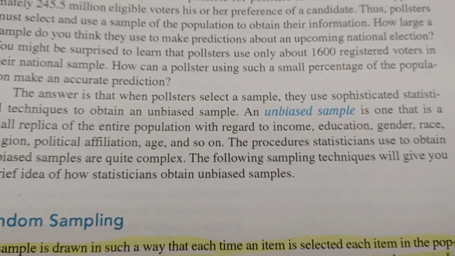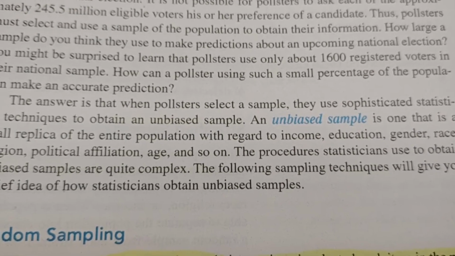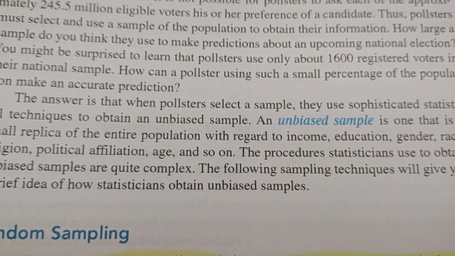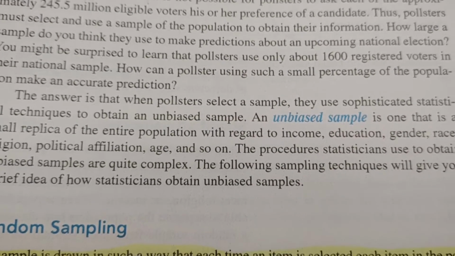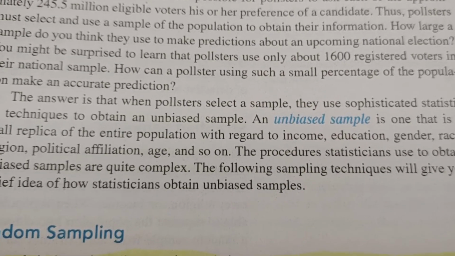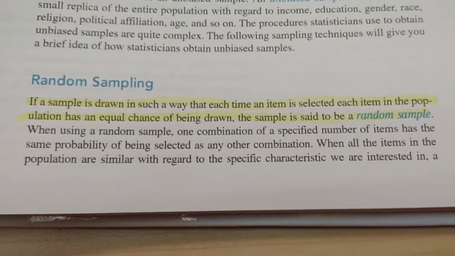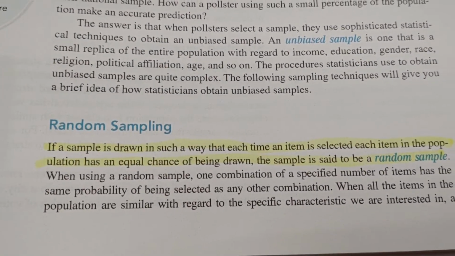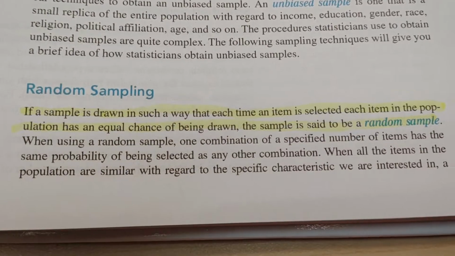We want an unbiased sample. Unbiased means that every individual in the population has a chance to be selected. A biased sample would be one where you arrange it so certain individuals get in the sample. All right. So a random sample is how we produce an unbiased sample.